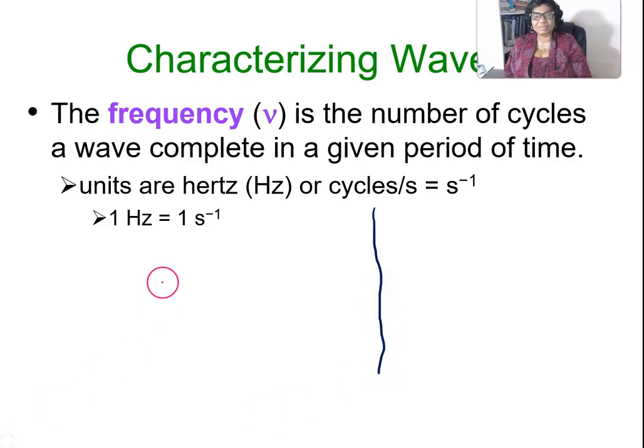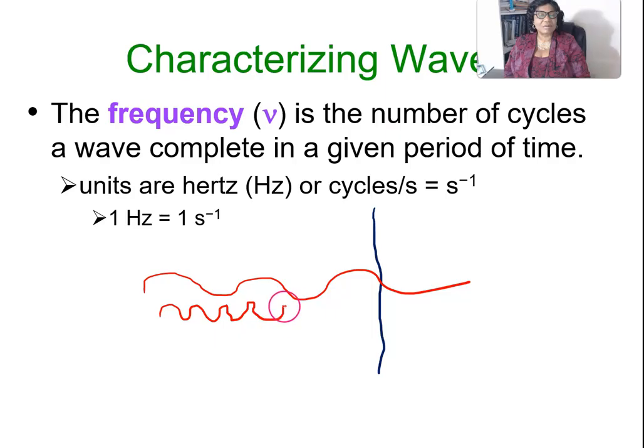We have one here that crosses the line. Then we have another one. So you see, this one has a shorter wavelength, this one has a longer wavelength. The one with the shorter wavelength will cross this line more. More cycles will cross this line than this one. That's what we mean.